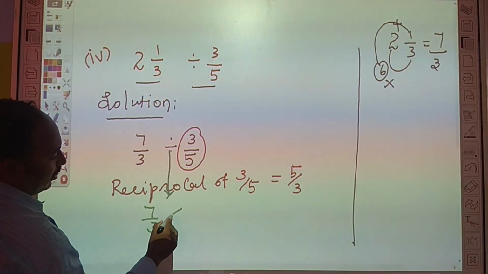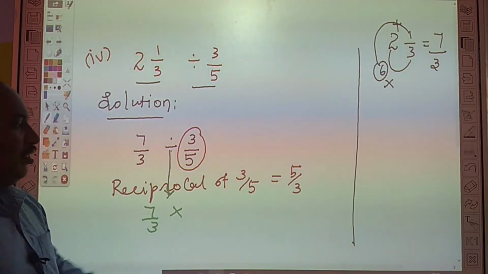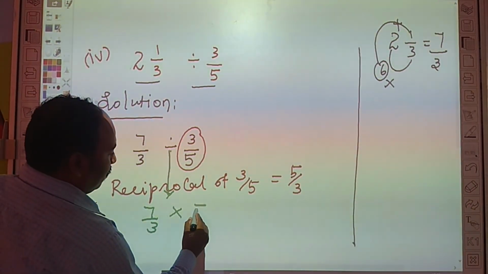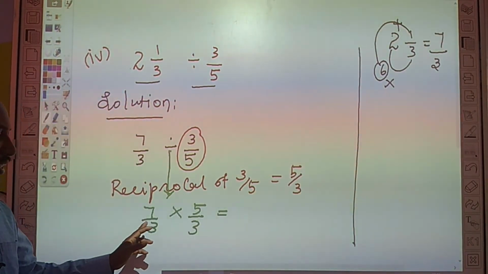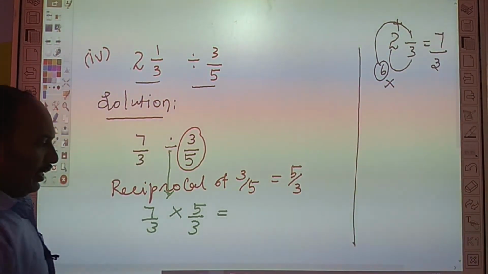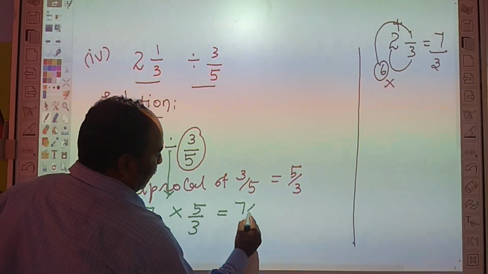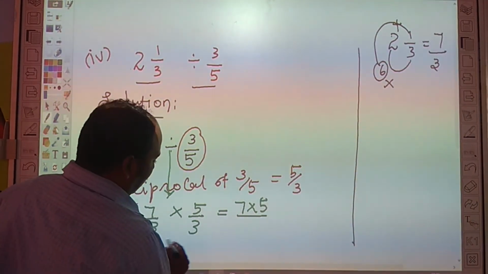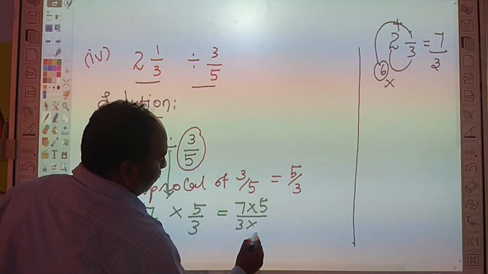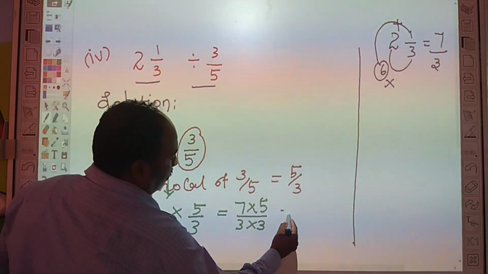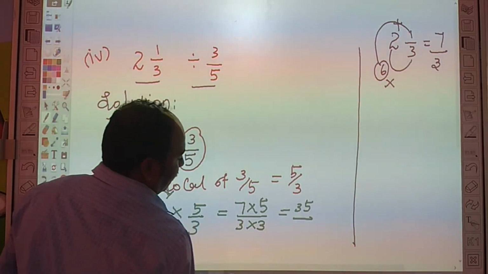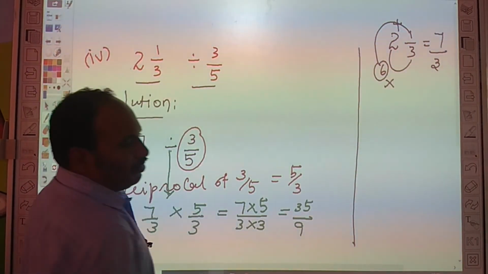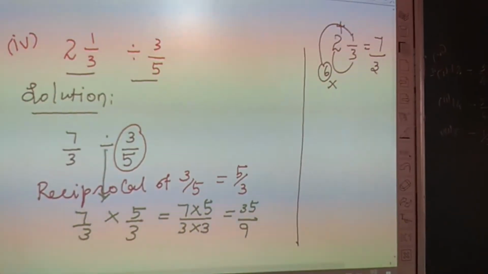Division converts to multiplication into the reciprocal term 5 by 3. So our answer is 7 into 5, 3 into 3. Numerator into numerator, 7 into 5, then divided by 3 into 3. 7 fives are 35, divided by 3 threes are 9. 35 divided by 9.